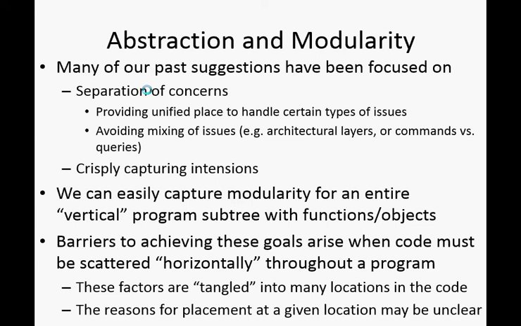And we've seen how we can use functions, including higher order functions, to capture certain types of functionality. And similarly, classes can capture certain sub-areas, vertical areas of functionality that are required within a program.